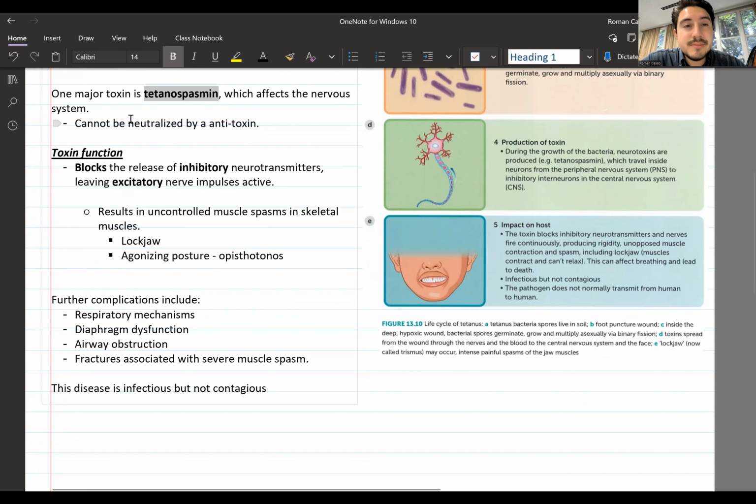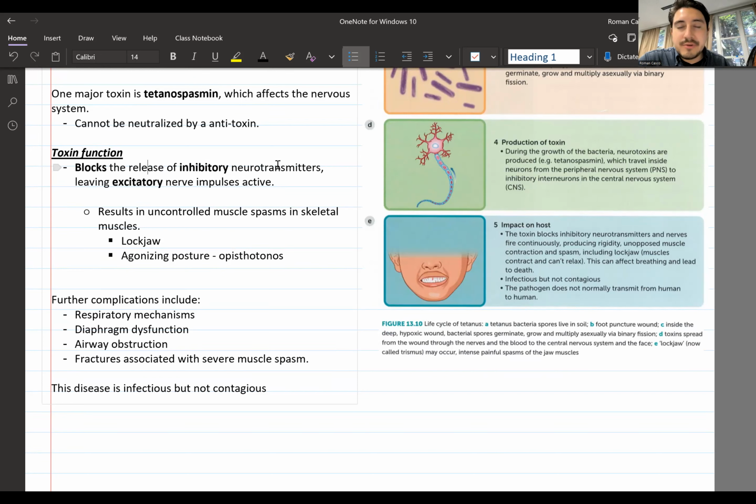The bacteria is growing and producing this toxin, secreting it. This particular toxin blocks the release of inhibitory neurotransmitters. So what does that mean? Inhibitory neurotransmitters are those that essentially stop or inactivate a nerve impulse.